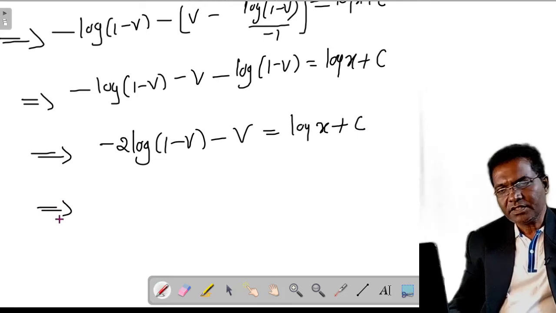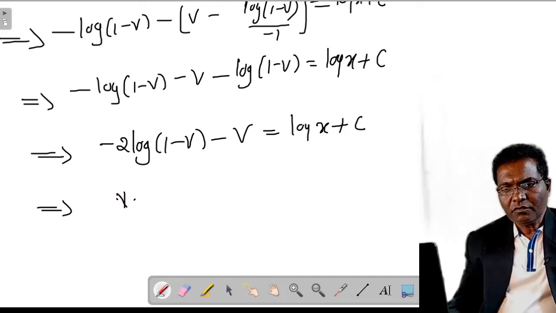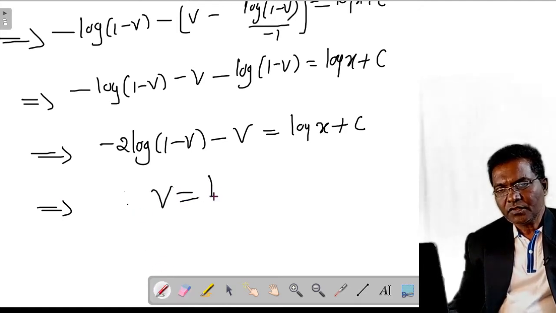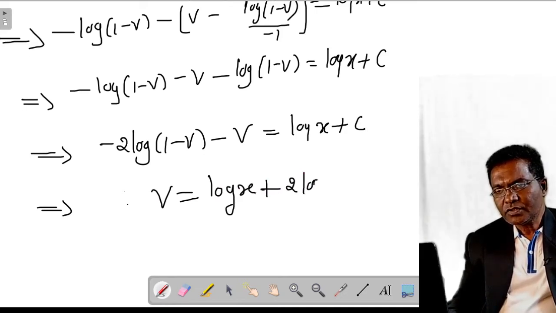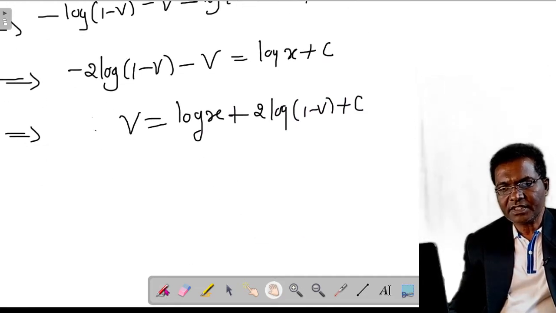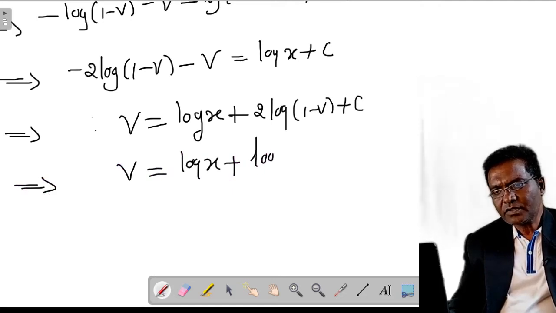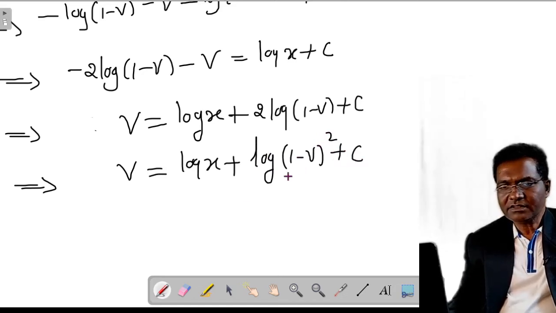Further, if you want, you can write it as v equals log of x plus 2 log of 1 minus v plus c. So v is equal to log x plus 2 log, which can be written as log of (1 minus v) square, plus c.